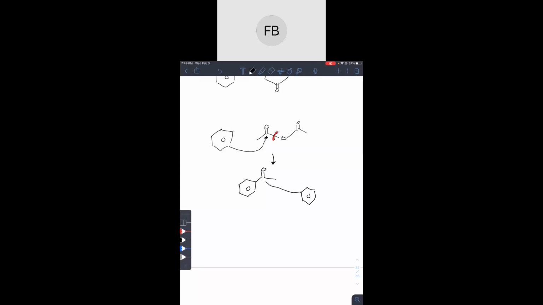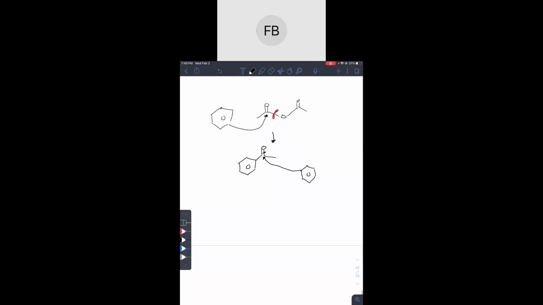This phenol would also attack here, right? And what happens in this case? Well, there's nothing we can break off. So this is the thing that breaks one of the bonds of the ketone. I just want to illustrate the difference between the first time you do it and the second time you do it. The first thing you need to ask yourself is, is there something that can break off? So that's our answer.